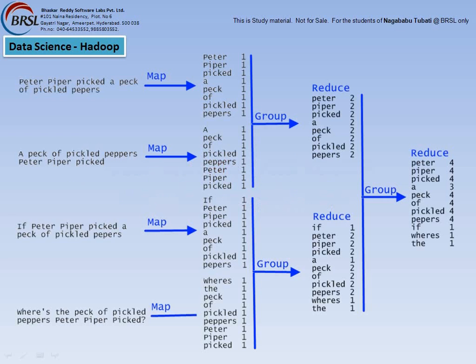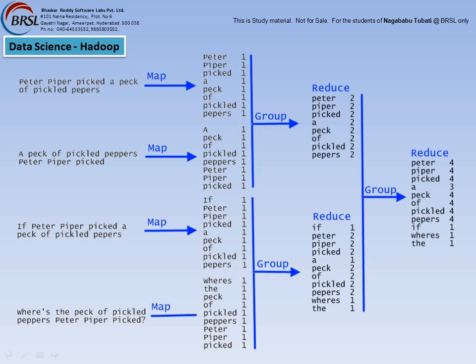Assume there is a large text file with so many sentences and so many words which are repeating. MapReduce will divide this large text file into smaller groups, and each group will be processed by an inexpensive computer, and it produces its own result.